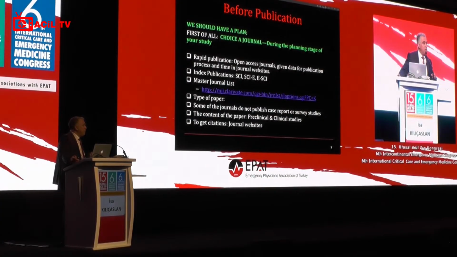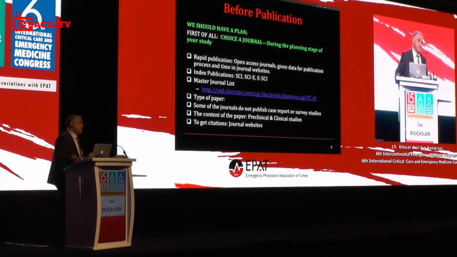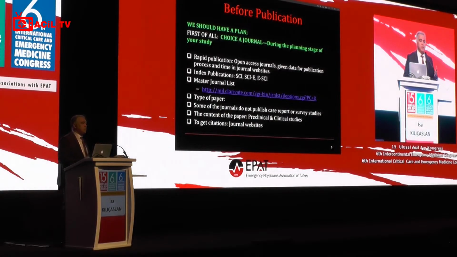First of all, you should follow one or two special, interesting journals related to your specialized area. Choose a journal and please look at the issues of each journal published related to your area.